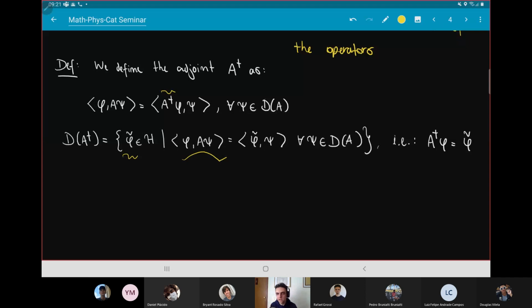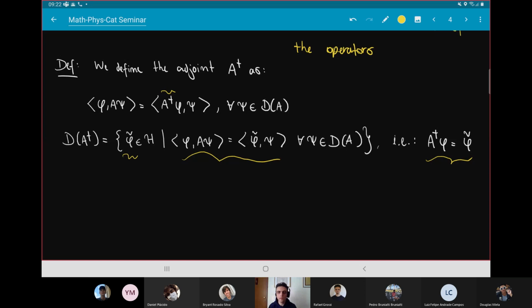So for every psi that we have in the domain of our operator A, we can always find a phi tilde that lives in the same Hilbert space in which this condition is satisfied, i.e. the action of the operator A dagger over a state phi results in another function that lives inside the same Hilbert space that we were talking about before.